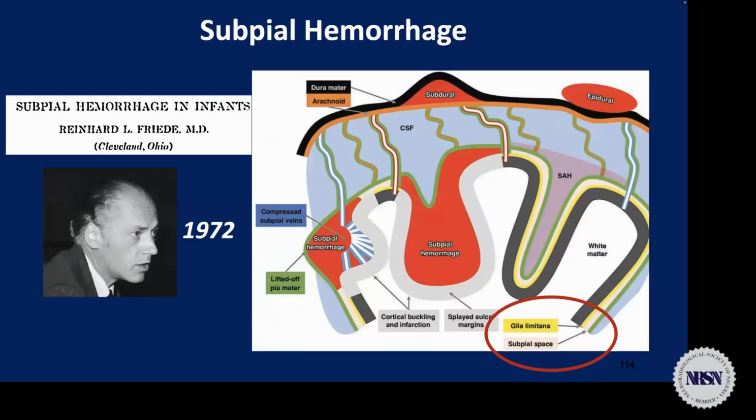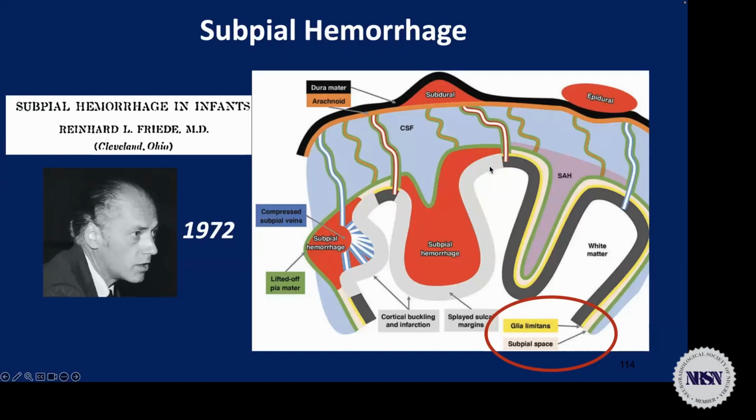And in this case, they do not cause a profound hemorrhage in the white matter, but a hemorrhage in this area, that is the subpial hemorrhage.